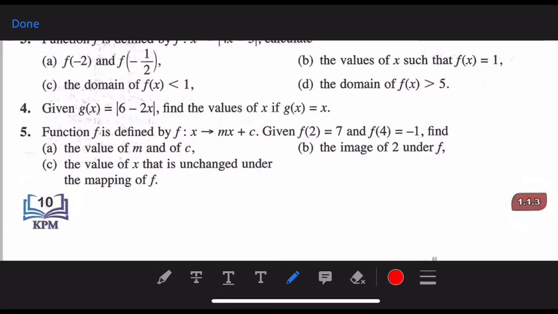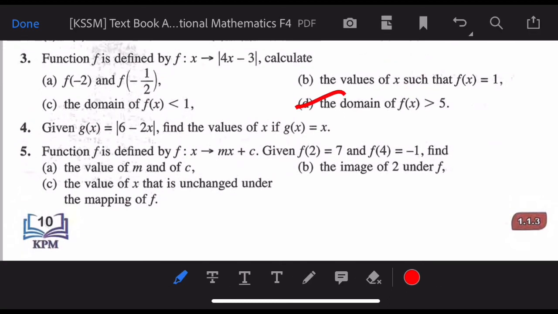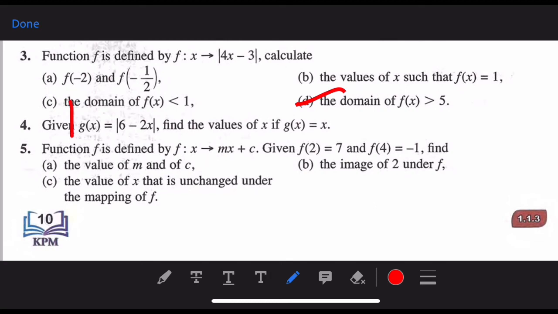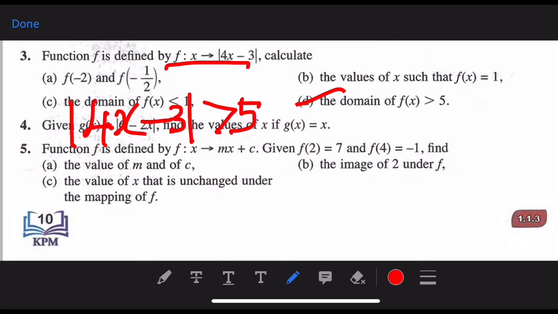Alright, so we'll discuss this one for the modulus more than 5. We will write 4x minus 3 when the f(x) is more than 5. When f(x) is more than 5, we will put the modulus as a plus minus when we want to solve the modulus.